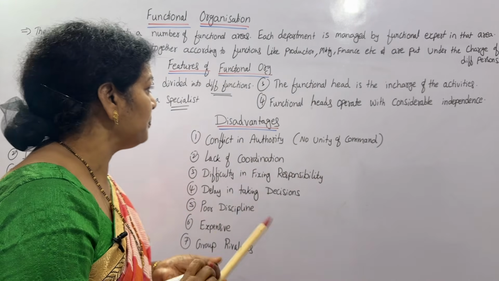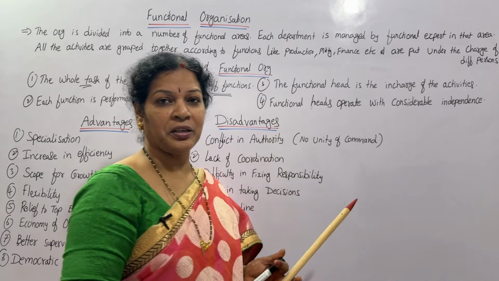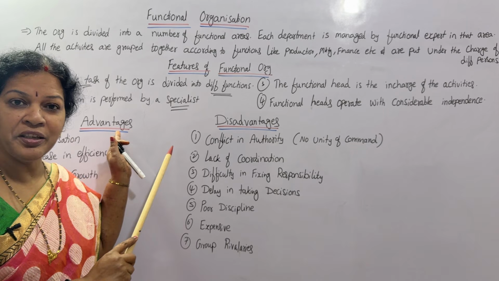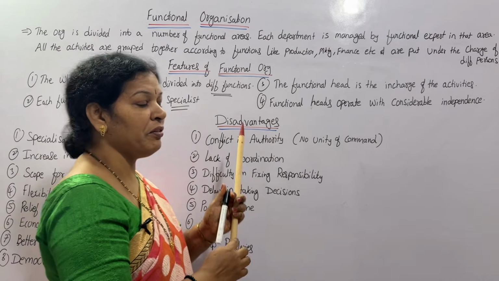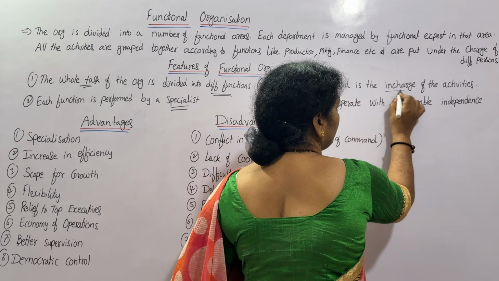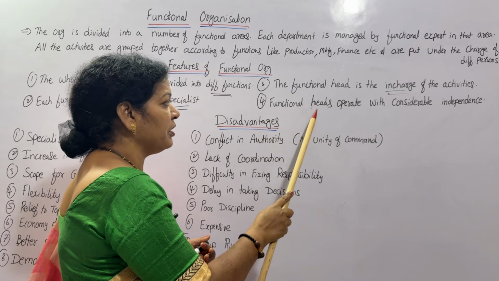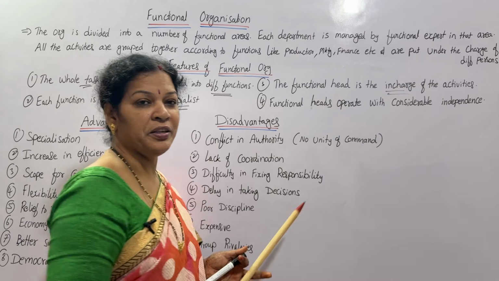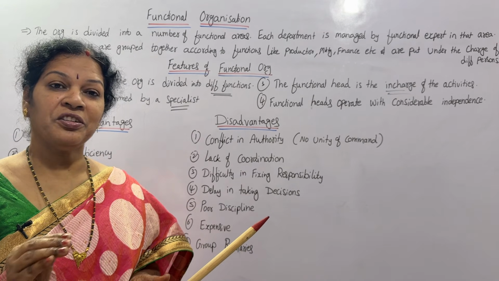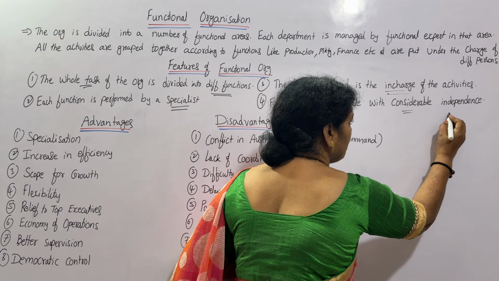Then the functional head is in charge of the activities. He is given authority and is given the charge also. Functional head is in charge of all the activities. Next, functional heads operate with considerable independence.